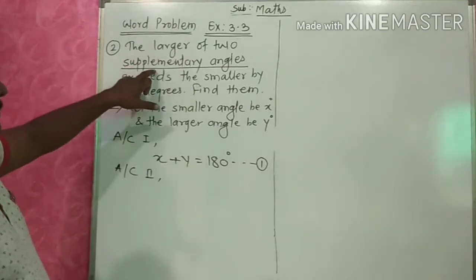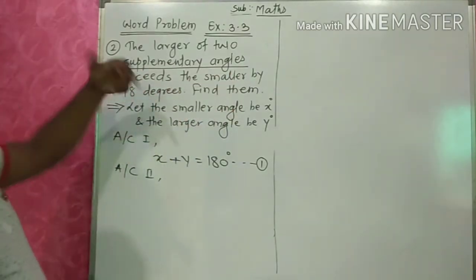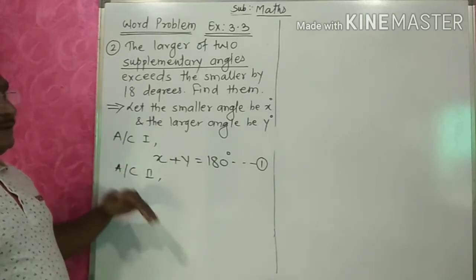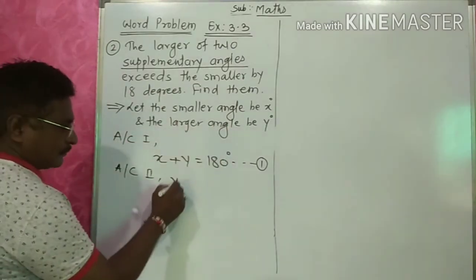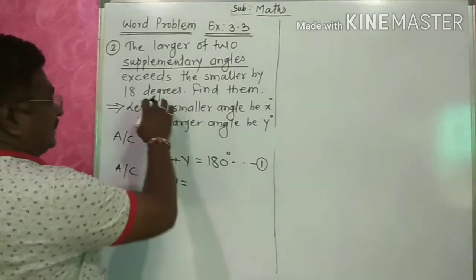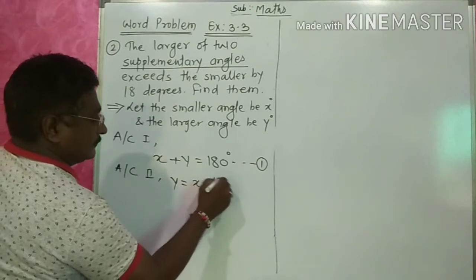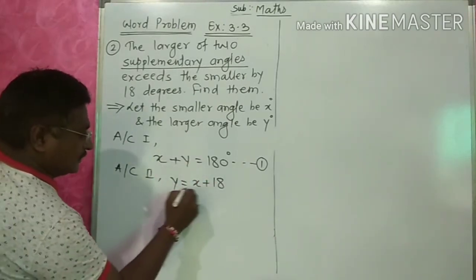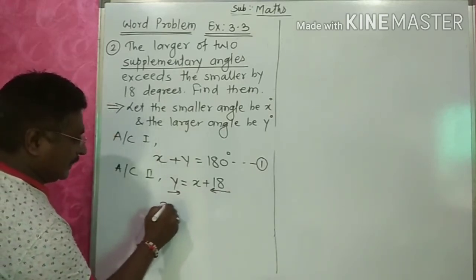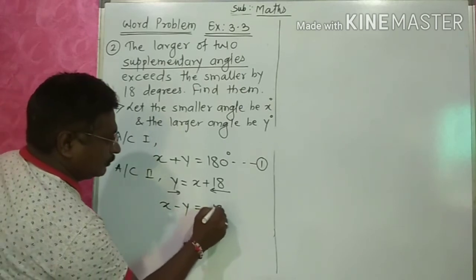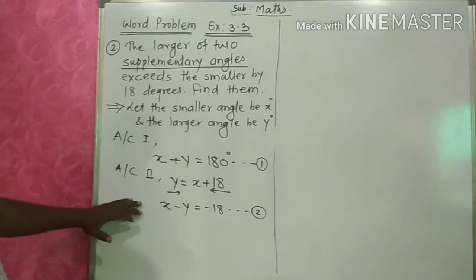The larger of two supplementary angles exceeds the smaller by 18 degrees. Means the larger angle is 18 degrees more than the smaller angle. What is the larger angle? y. So y equals, exceeds means plus, x plus 18. Now transfer this y to that side and 18 to this side. So we get x minus y equals minus 18. Equation number 2. So we got two equations.